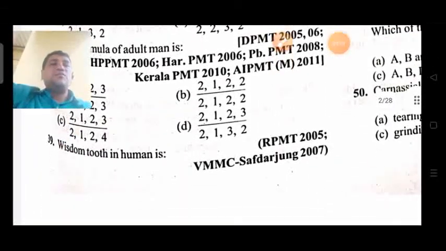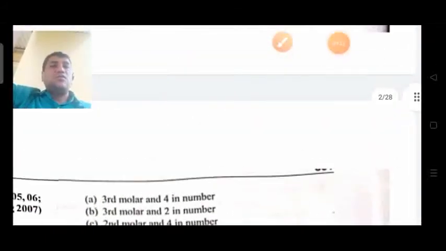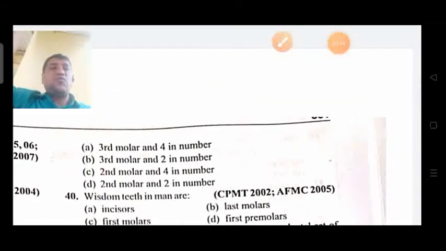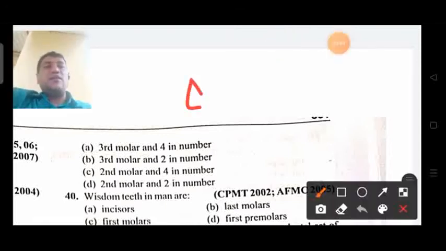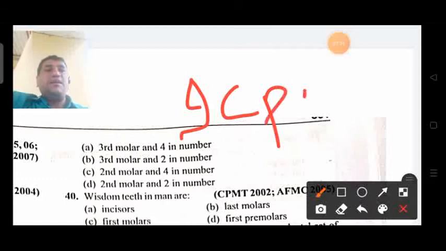Wisdom teeth in humans are the third molar, fourth in number. When you want to understand the dental formula, I C P M: incisors, canines, premolars, molars.